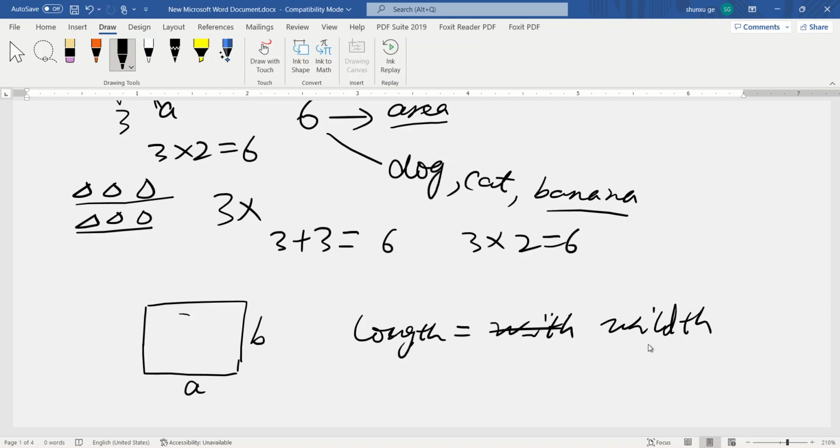So it's equal. Just A means A equals B. You can call it a rectangle, but you can also call it a square. Square is one part of a rectangle.